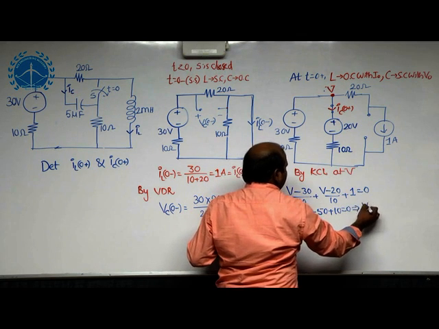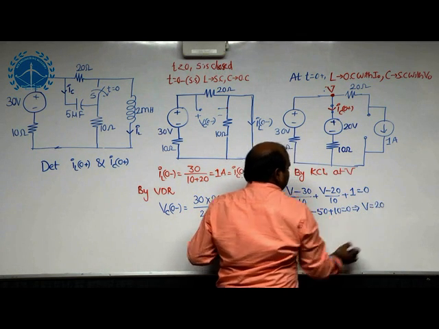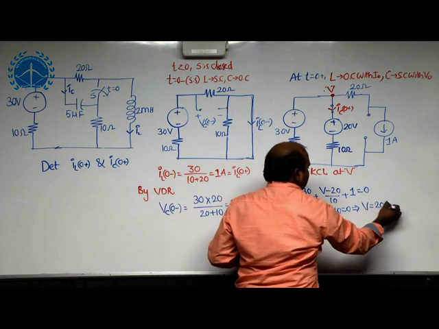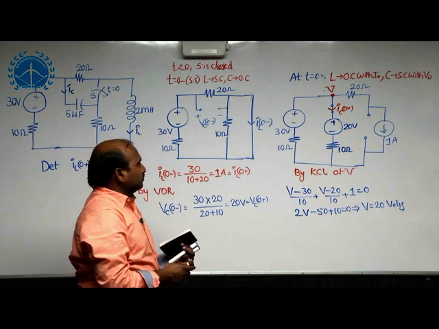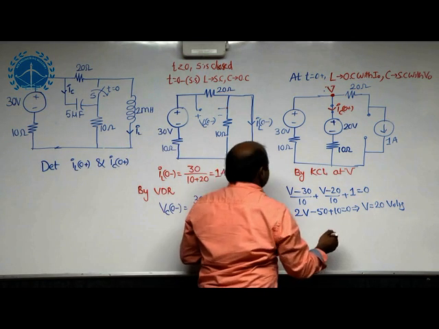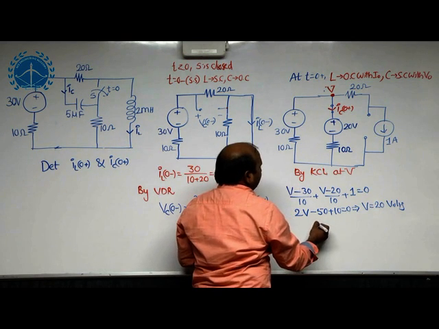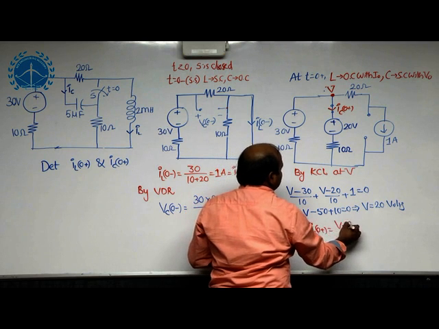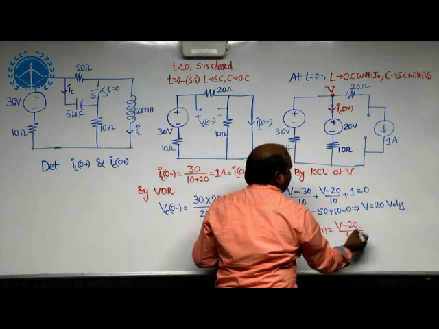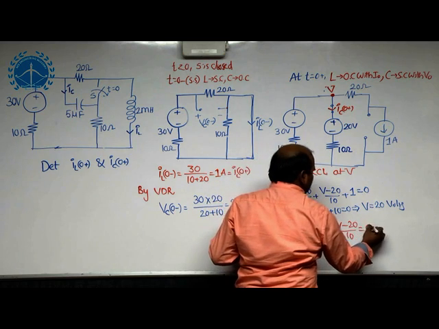V value we get here is 20 volts. Once we get V equal to 20 volts, then the value of IC of 0 plus is V minus 20 by 10, which is equal to 0 amperes.